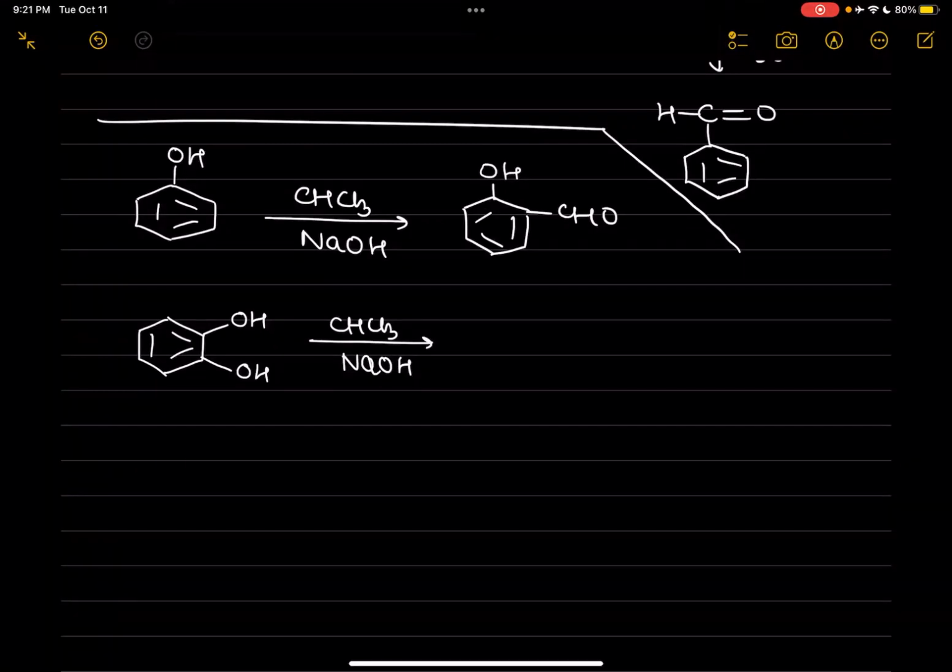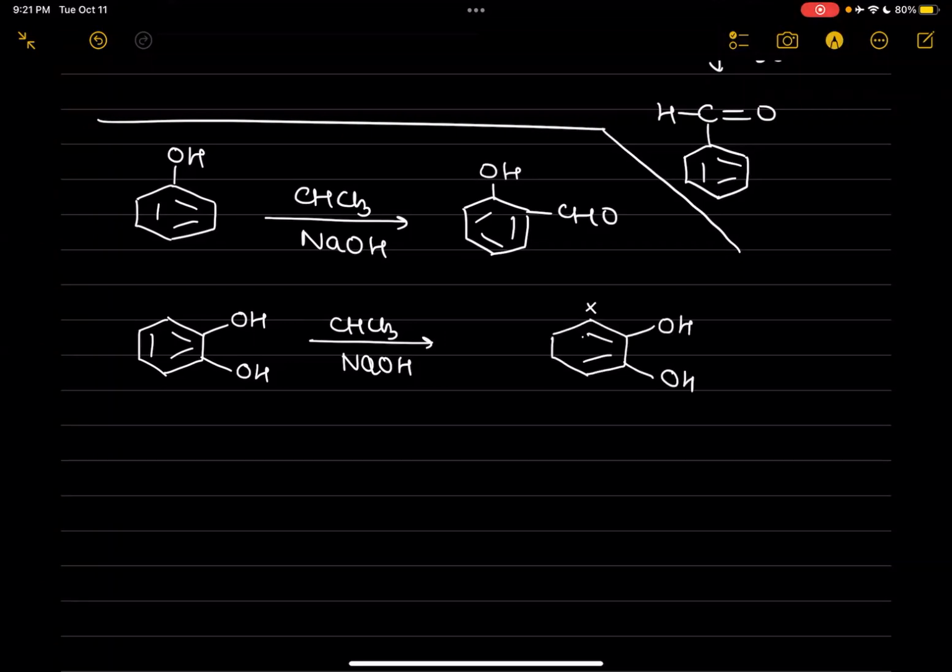So what is going to be the IUPAC name of the product? 1,2-dihydroxy benzaldehyde.